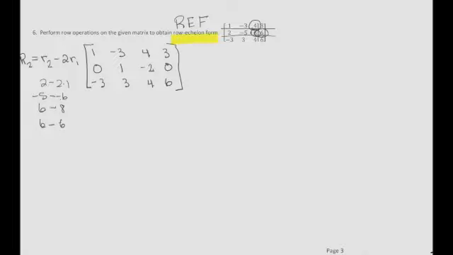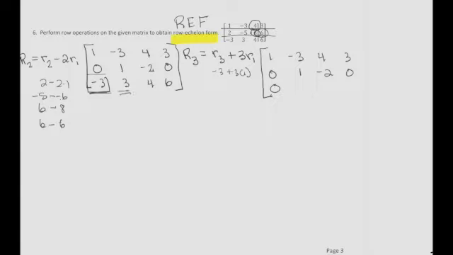Okay, and now I need a 0 here. So my new row 3 is going to be my current row 3 plus 3 times row 1. I'm not changing row 1. I'm not changing row 2. I am changing row 3. So it'll be a negative 3 plus 3 times 1, 0.